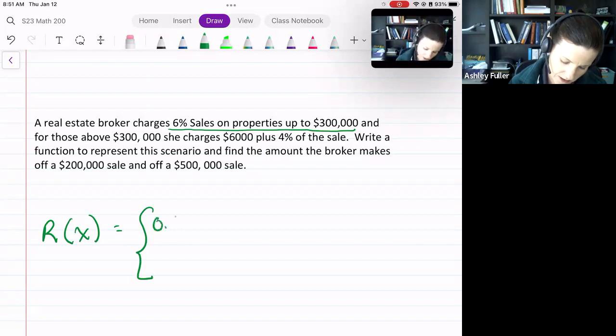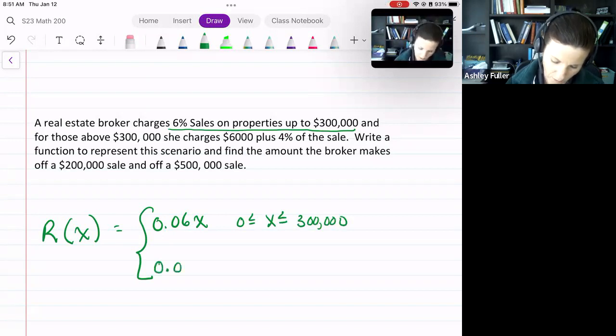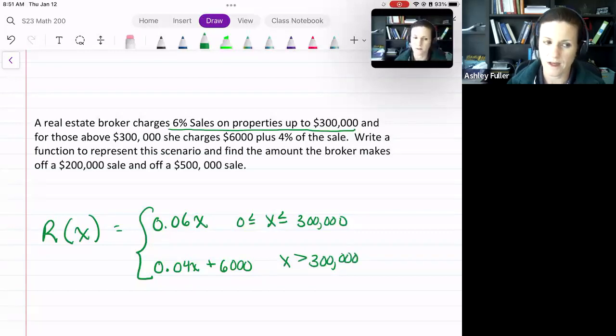It's either going to be 6% times the cost if the cost is between 0 and 300,000, or the amount she brings in will be 4% plus that flat fee if the cost of the property is above 300,000.